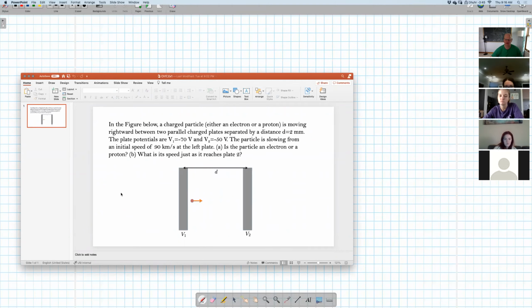So ultimately, all this is basically saying is that what? If my potential is changing, I have to have an electric field.